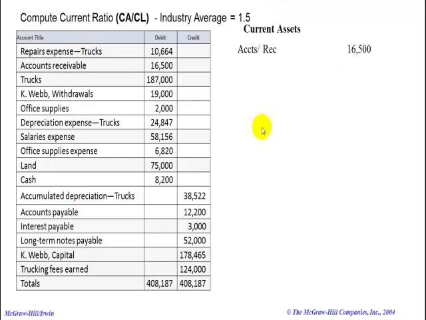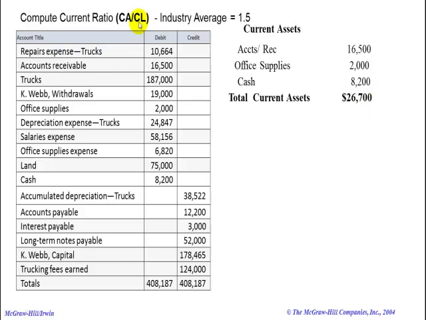They're not in liquidity order, but they are from the top down. Then the next current asset on this list would be office supplies, right here, $2,000. The next current asset on this list would be cash of $8,200. And let's see, anything else? That's all my current assets, $26,700.